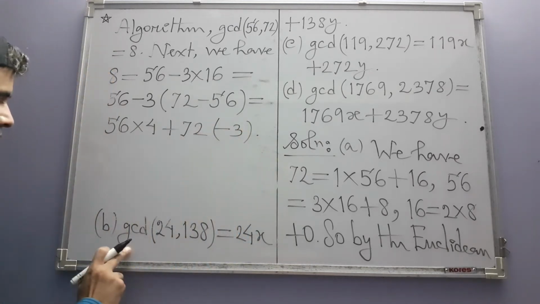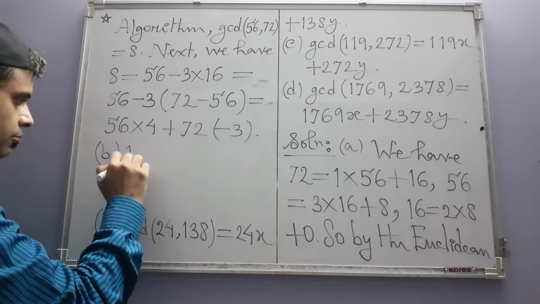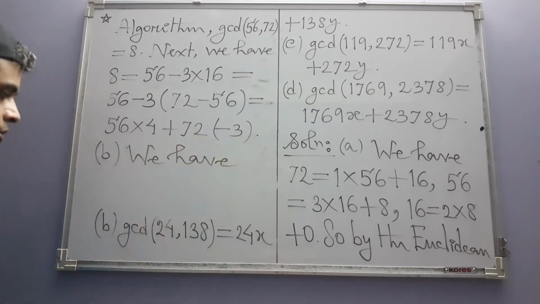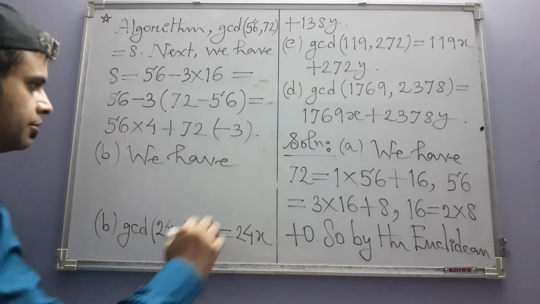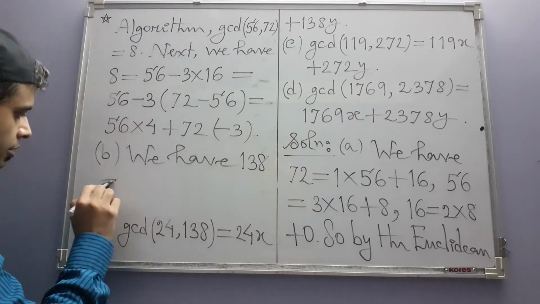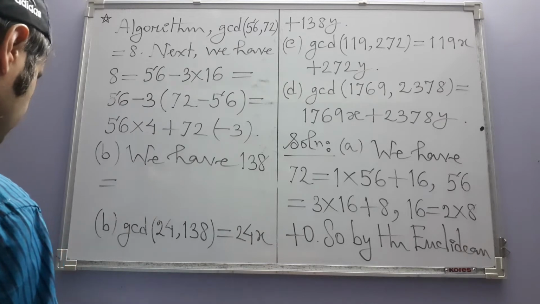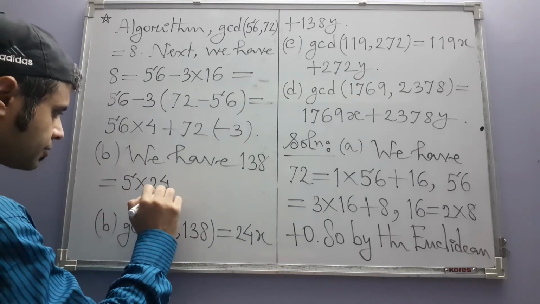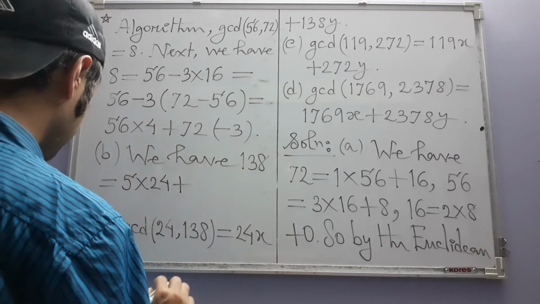The next one is this. Here the integers are 24 and 138. So we first go through the calculations. 138 equals 5 times 24 plus 18.